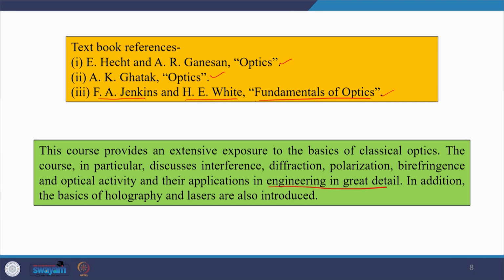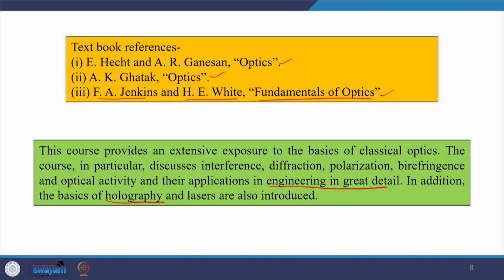There in the wave optics you will learn about the very important phenomena of interference, diffraction, then you will be introduced to polarization, birefringence, optical activity, and there are so many applications, and these applications are important not only to the scientists but also for the engineers.